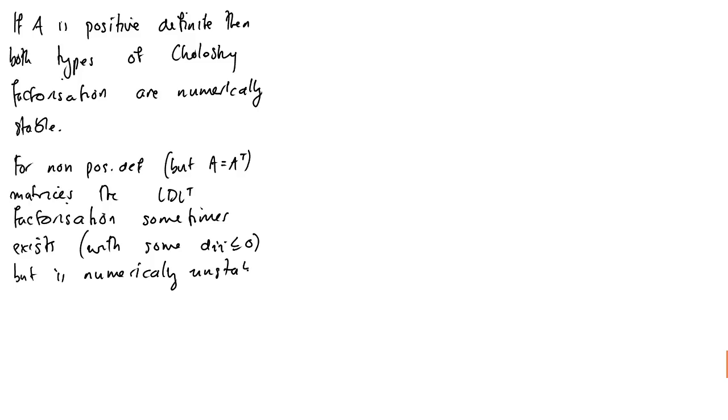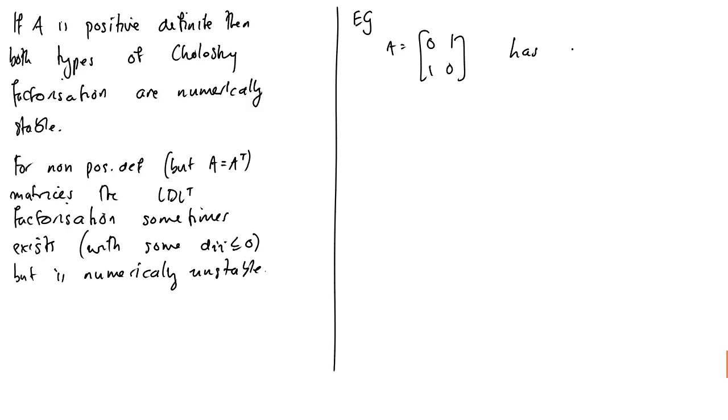So the nice thing is if your matrix is positive definite, then your Cholesky factorization will have been computed in a numerically stable way. For example, A equals [0, 1; 1, 0] has no LDL transpose factors. You can try and find them if you want. You will not succeed.